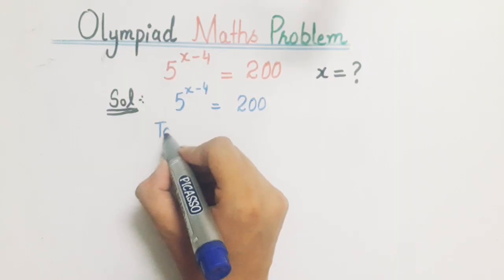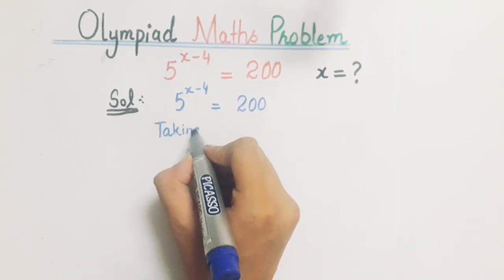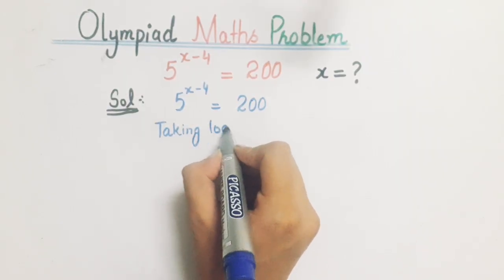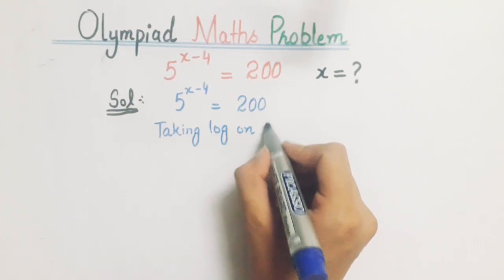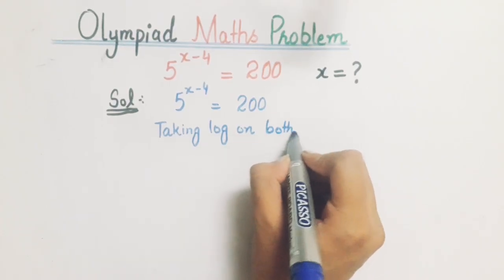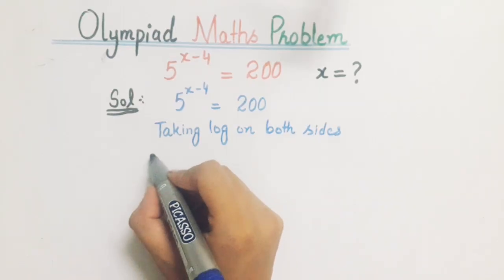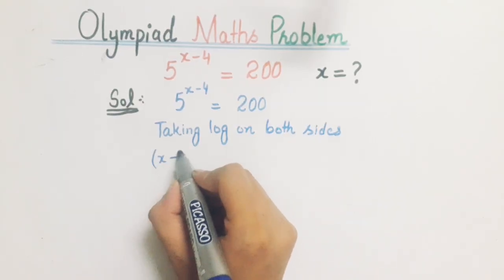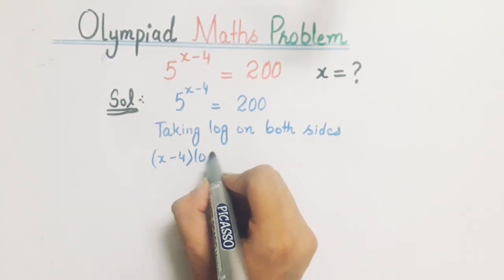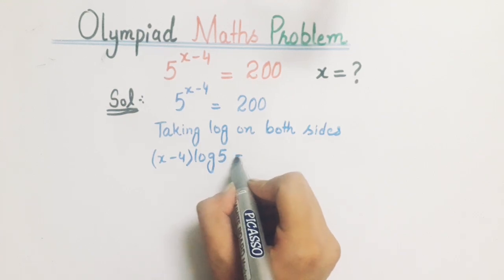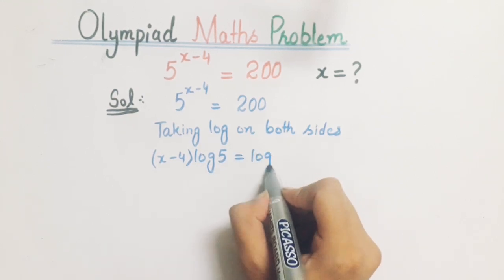So we will take log on both sides. So we will get x minus 4 in the start, then log 5 equals log 200.